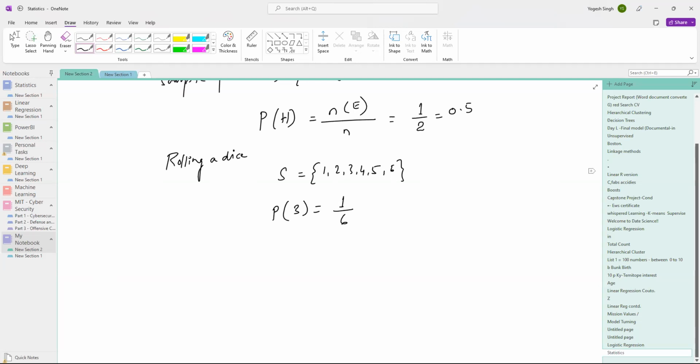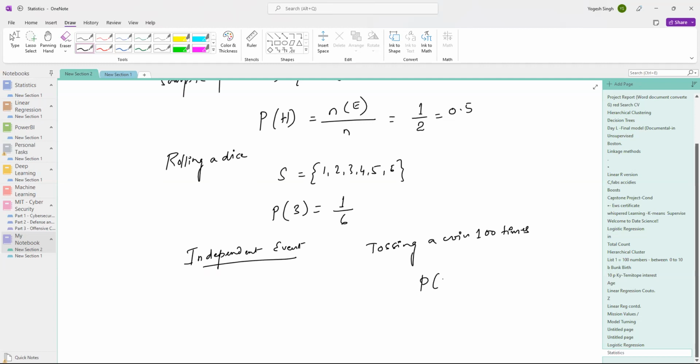Now, you need to understand what is an independent event. What is an independent event? So let's say, let's talk about independent event. Suppose you are tossing a coin 100 times.